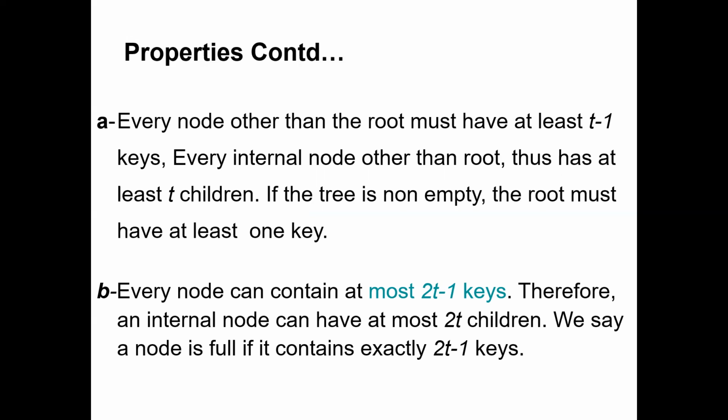And these conditions definitely don't apply to a root node. A root node can have a minimum of 1 key and a maximum of 2t keys. Sorry, 2t minus 1 keys.